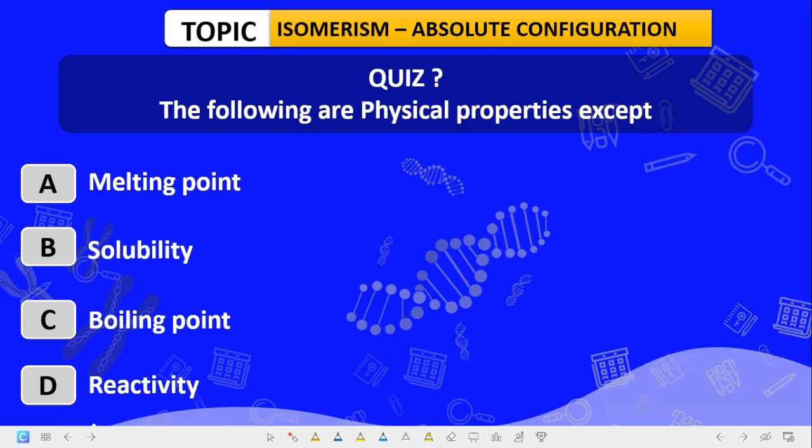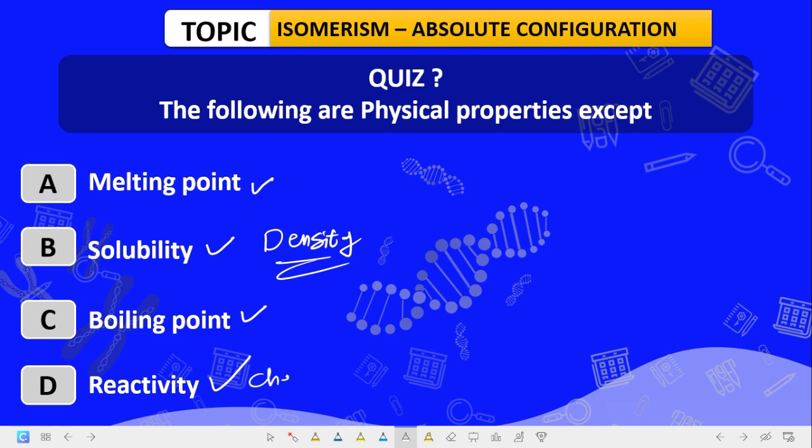Now, the following are physical properties except. Physical properties are properties like the melting point, solubility, boiling point, density, refractive index. But reactivity, how you react with different compounds, how you react with oxygen, how you react with sodium hydroxide, etc., they are what?